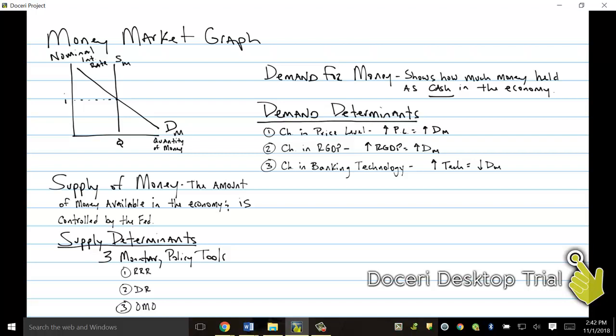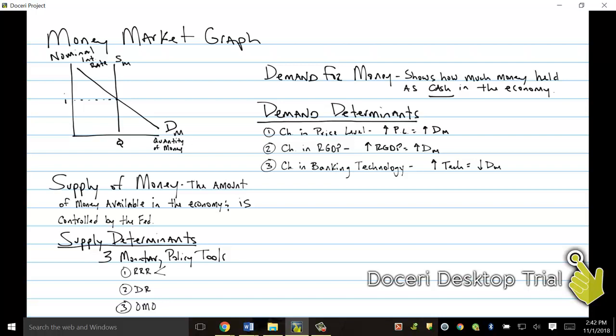So if you look at these supply determinants, you can see that they are three monetary policy tools. So monetary policy is what actually changes the supply of money in our economy. So I'm going to break down each determinant. Number one is the required reserve ratio. If we split that up, it can do two things.